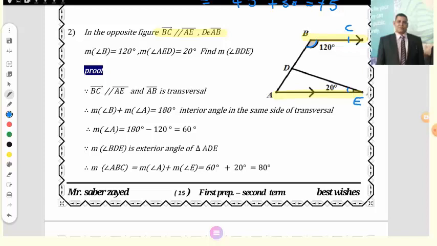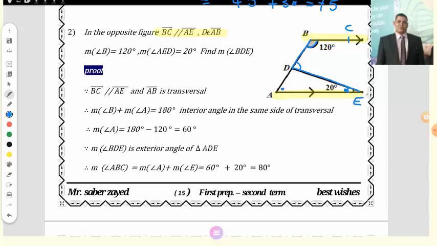We want to find the measure of angle BDE, this angle. Since this angle is an exterior angle of the triangle, its measure equals the sum of the two interior opposite angles, which are A and E. First, we are going to find the measure of angle A.